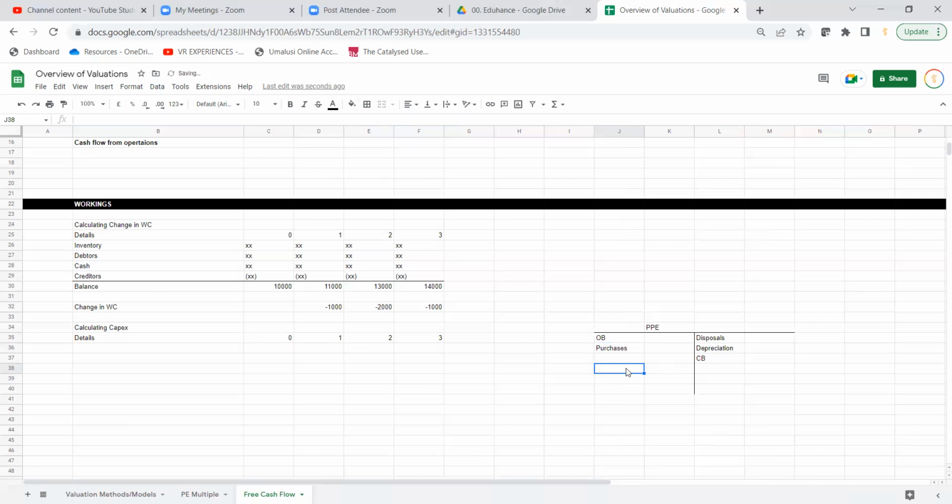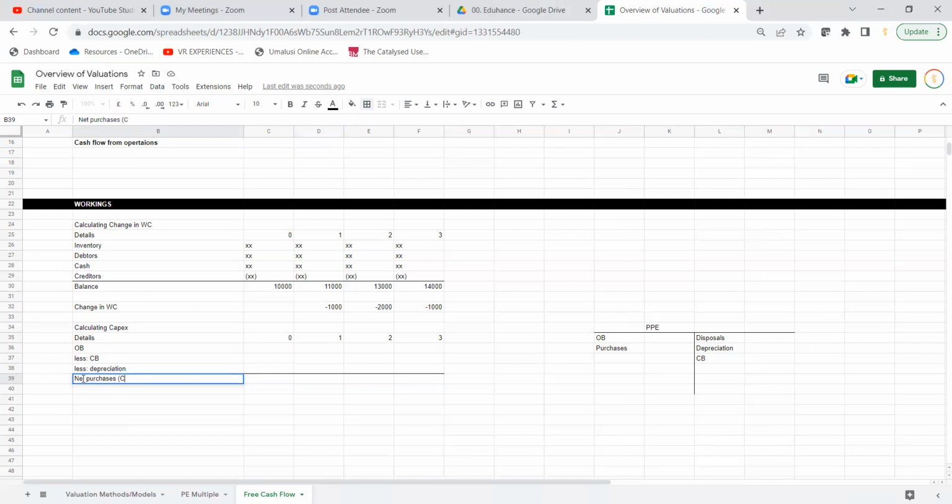All we are doing is rearranging this. It will be opening balance less closing balance less depreciation, and that would give us capex, purchases.